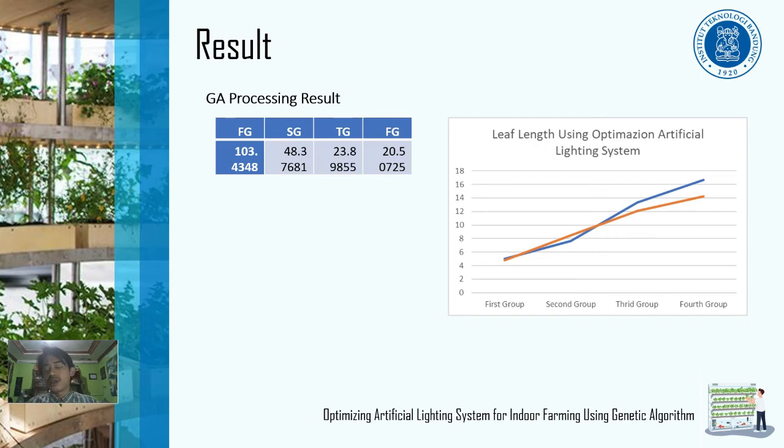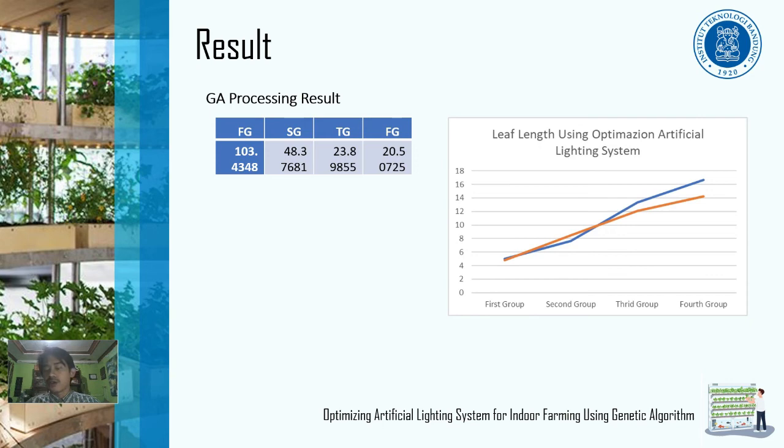But when implementing the optimization, you can see the blue line is the configuration before, and then after the optimizing, from the first group to the fourth group, they only optimized the first and the second group.